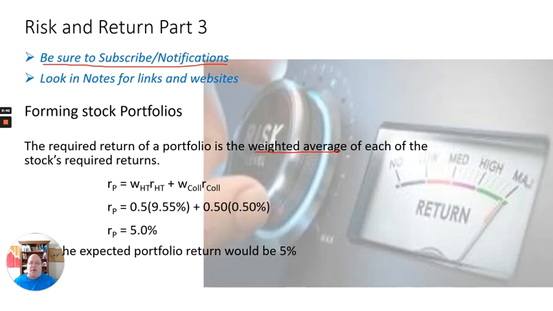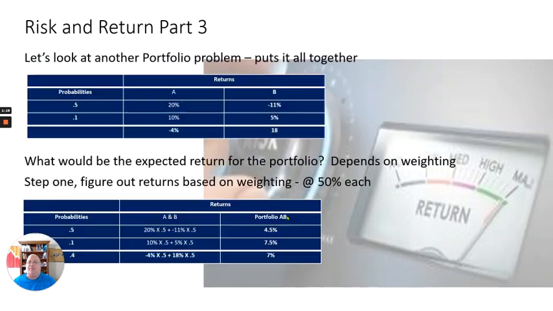So if you put half of your money into the return for high tech, and then we had a return for collections of 0.5%, didn't do much making money there, but you put half your money there, you would end up with a total return. 0.5 times 9.5 plus 0.5 times 0.5 gets you an actual return of 5%, and therefore the expected portfolio return would be 5%. All you are doing is taking the weighting, how much money you put in each, and multiplying it across so you can see what your actual return would be. Works in a lot of other things in life as well.